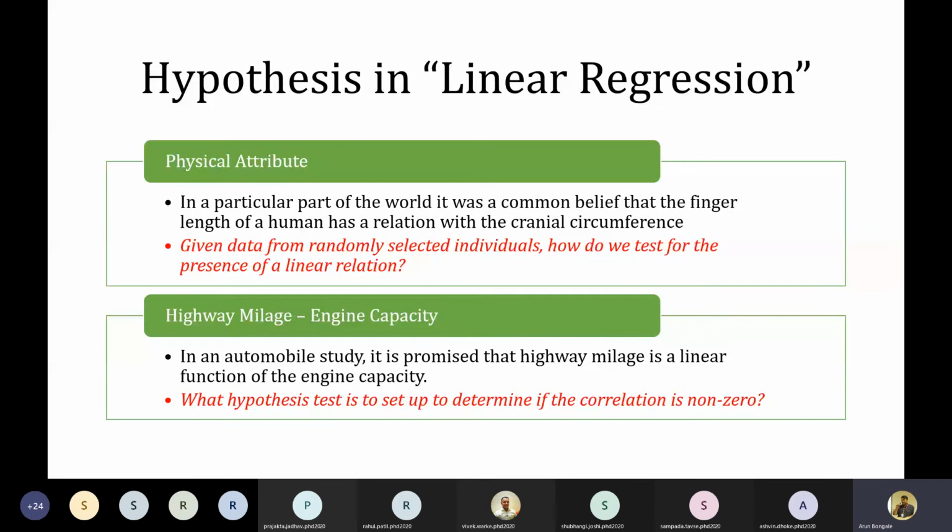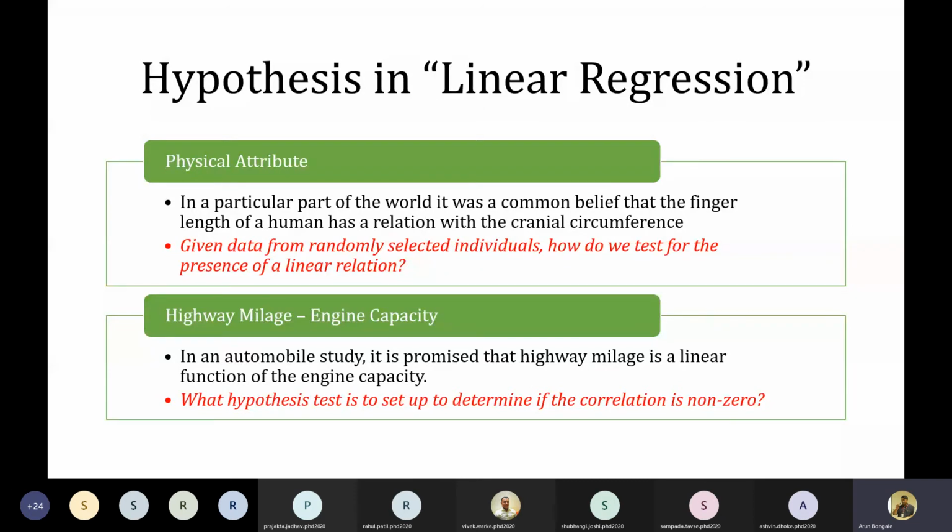But how do you prove this fact? Both are based on linear regression methods, right? So we need to carry out linear regression, then find out whether the stated attributes, the stated parameters, are linearly related to each other or not.